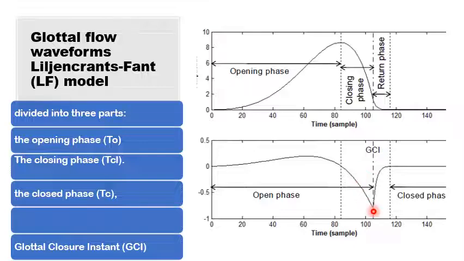Until this point is reached, the maximum dip corresponds to the point of the glottal closure instant. The glottis closed up here. This will be by an abrupt movement of the vocal folds. This will be followed by some flow here, little flow after the glottis has closed, and then the closed phase would start with no flow as the glottis is now closed completely.